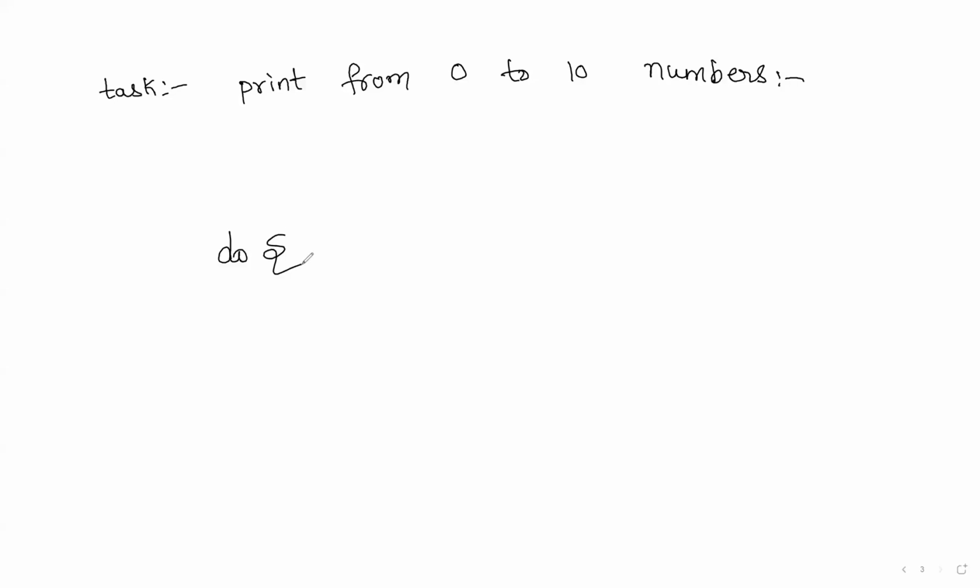Now, let's see. Our task is to print numbers from 0 to 10. The way we start a do while loop is with do. And like we just discussed, there is no initialization statement for a do while, so create a variable that's going to control the loop.